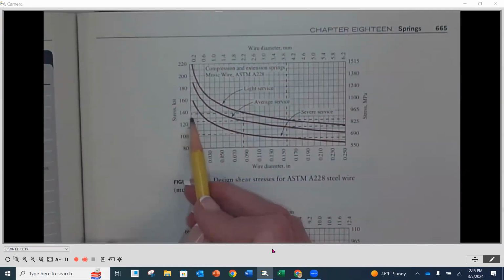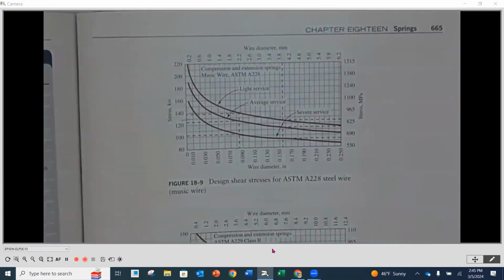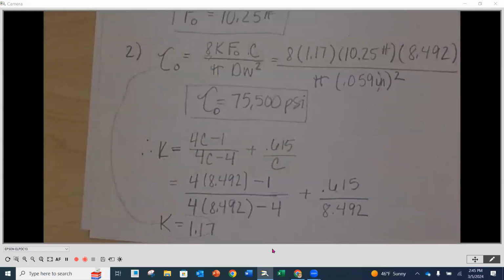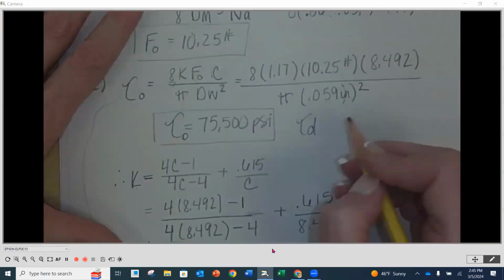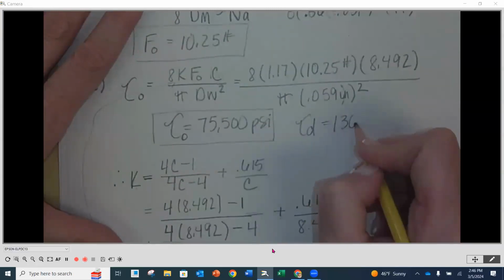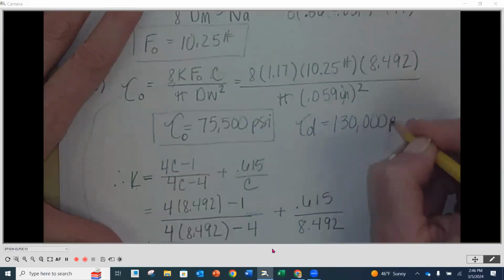And we're going to go over, okay? And it looks like we're right at about 130, right? So our design stress is equal to 130,000 PSI.